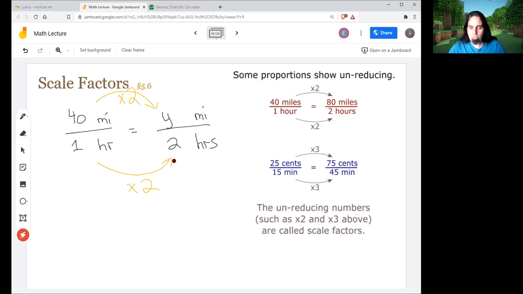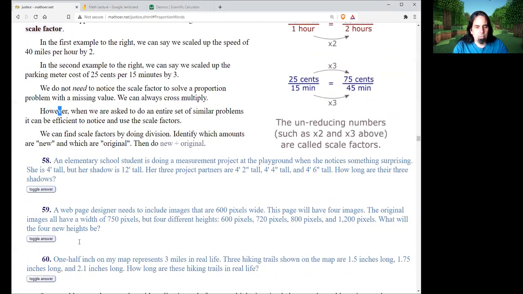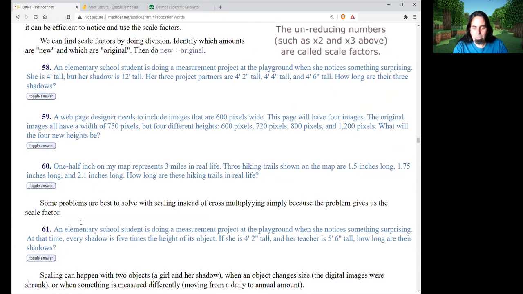But occasionally the numbers are just really friendly and you can see what's happening. And if that's how you do it, great, that works too. There are some examples that are just kind of stereotypically done thinking about scale factors. If you like that, then we can do that, but I'm going to skip that for now.